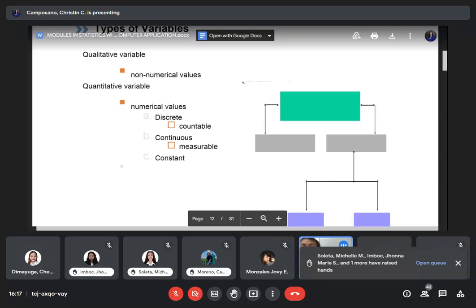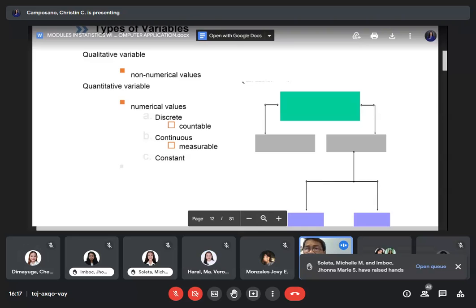You mean edad? Yes. Okay, Miss Demayuga, when you fill out a form and it says age, what do you usually write? A number. So in that example, it is numerical. If you wrote a number for your age, then that is quantitative, not qualitative. Right, Miss Demayuga?